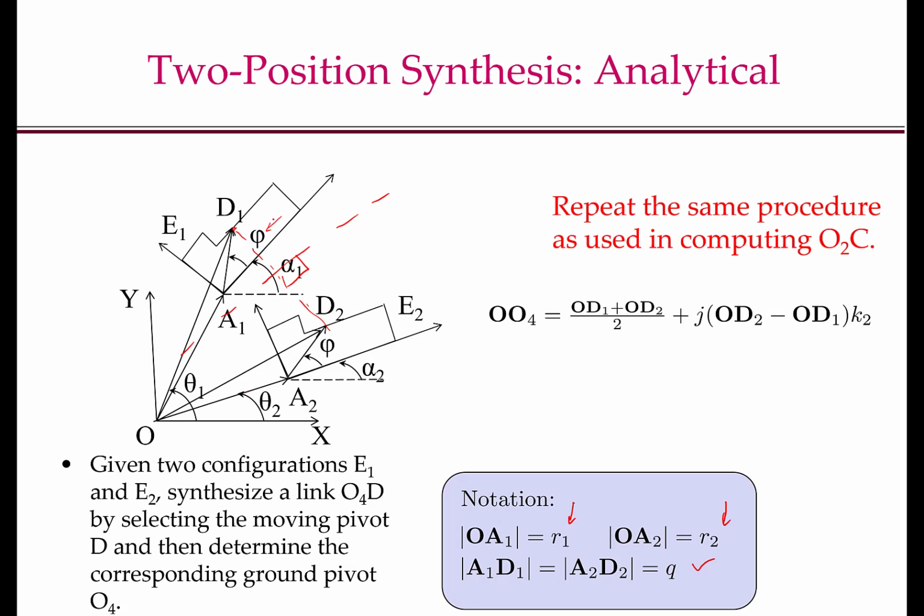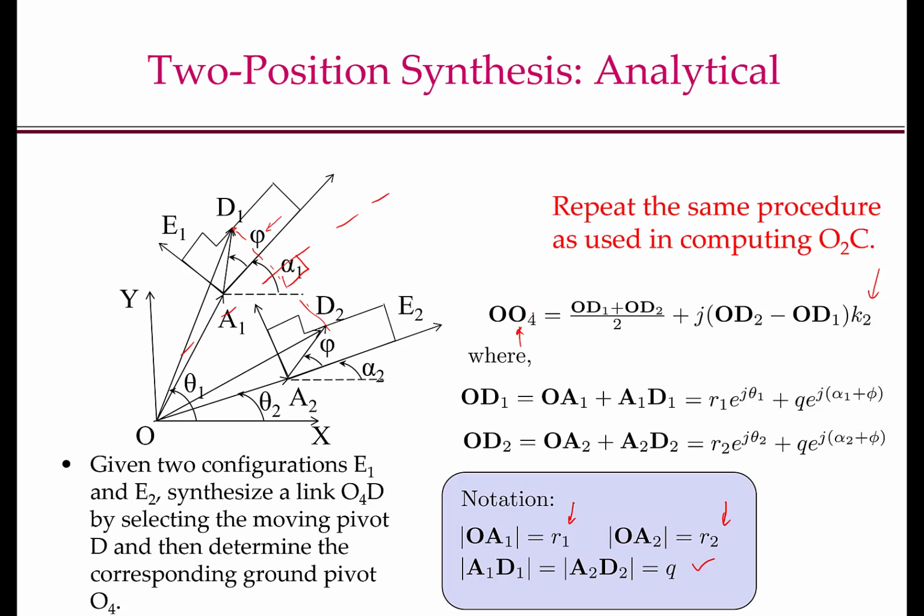So repeating the same procedure as before, my OO4 now becomes (OD1 plus OD2) by 2 plus j times (OD2 minus OD1) times K2. I choose any value of K2 and I get the fixed pivot O4. And to remind ourselves, OD1, OD2 are both known, and we can compute OD1 by saying that OD1 is OA1 plus A1D1.